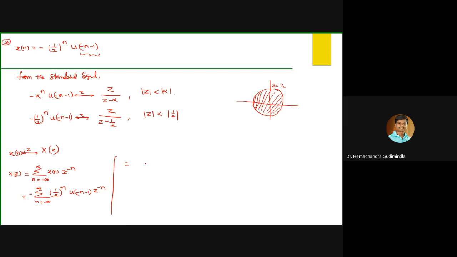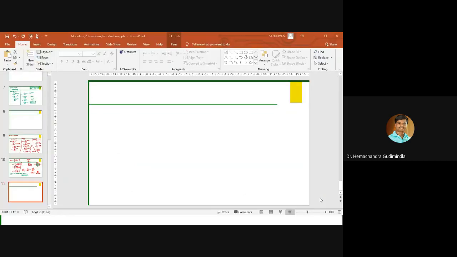So you need to write minus summation n equal to minus infinity to minus 1 of 1 by 2 whole power n into z power minus n. If you simplify this, what you will get? X of z is equal to z by z minus 1 by 2. And what is the ROC here? Z is less than 1 by 2. So this is the standard Z transform.